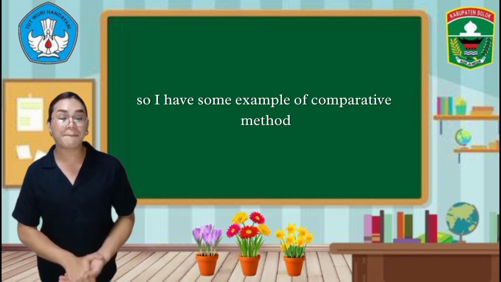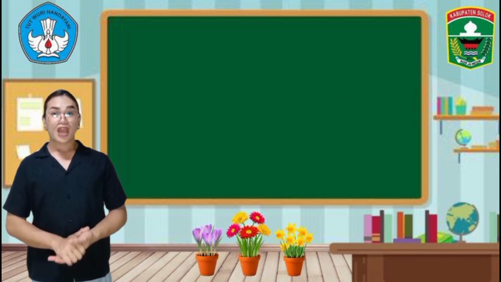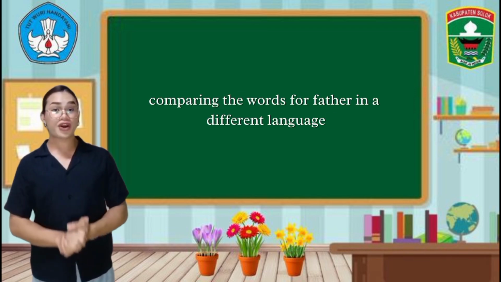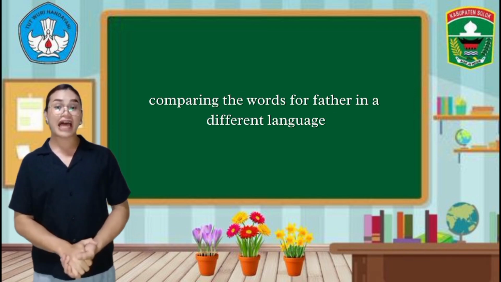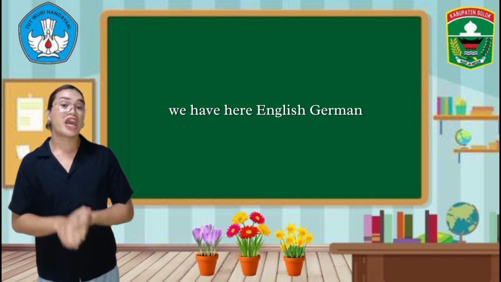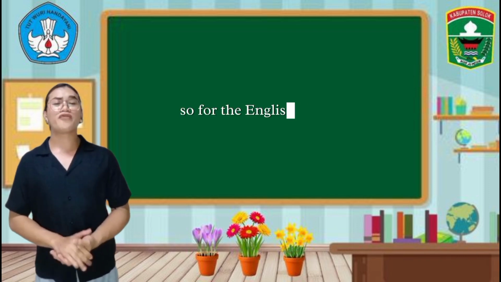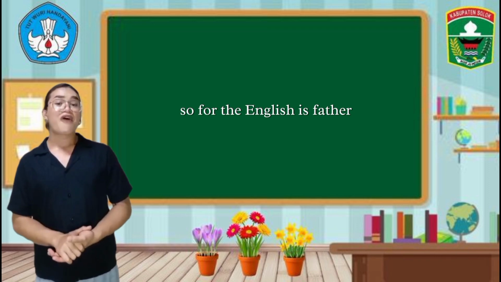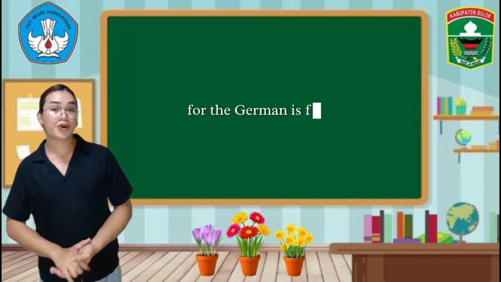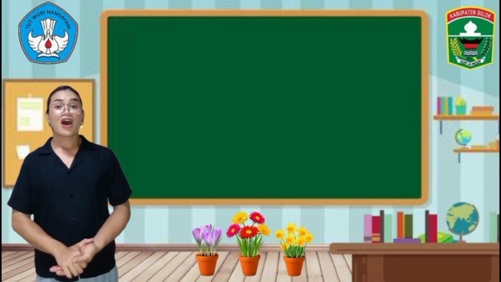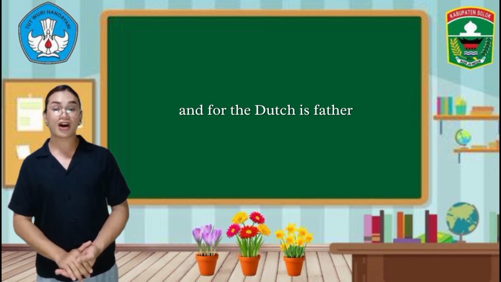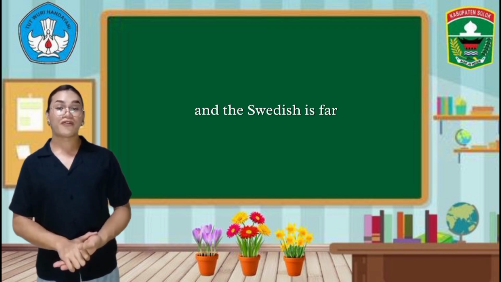So I have some examples of the comparative method: comparing the words for father in different languages. We have here English, German, Dutch, Swedish. In English it is father, in German it is Vater, in Dutch it is Vader, and in Swedish it is Far.